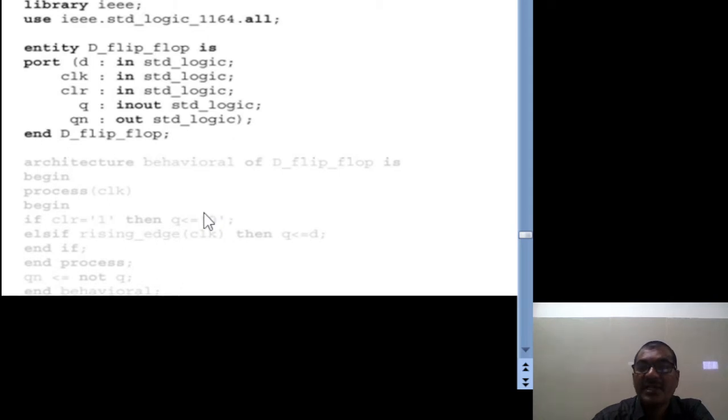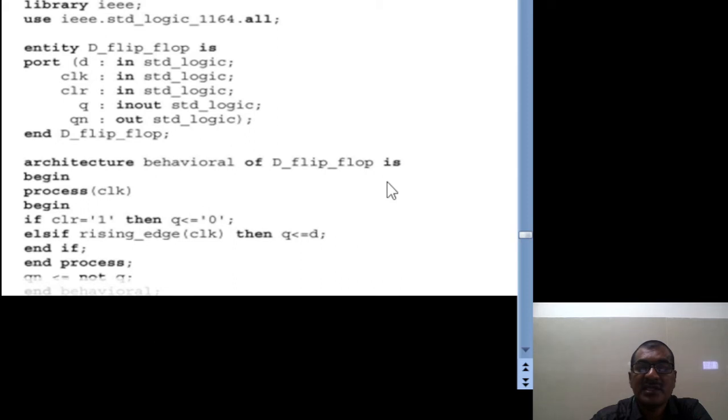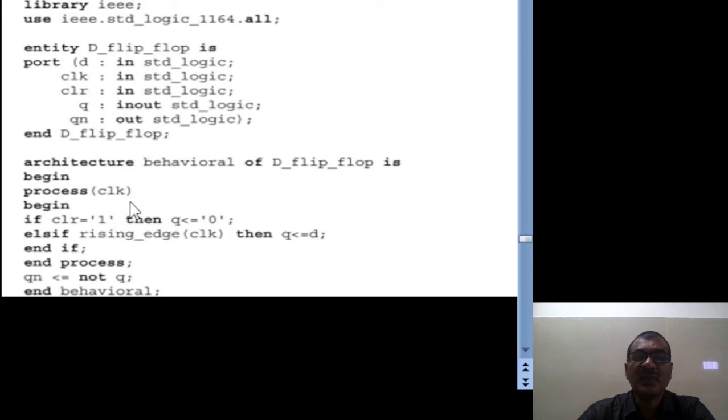Then coming to the architecture body, architecture name of D flip-flop is behavioral, that means the representation is in the behavioral model, so the process statement is used. Architecture begin, then process of CLK, since the execution of the process depends on the clock signal. Then begin.